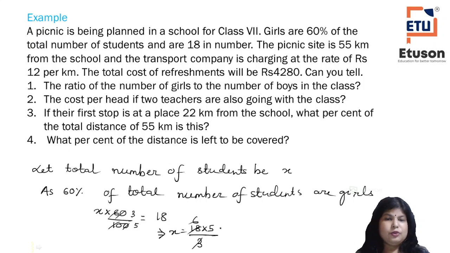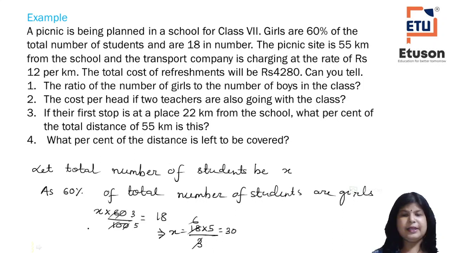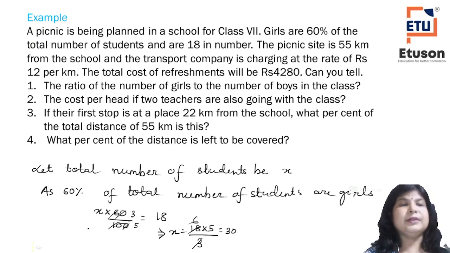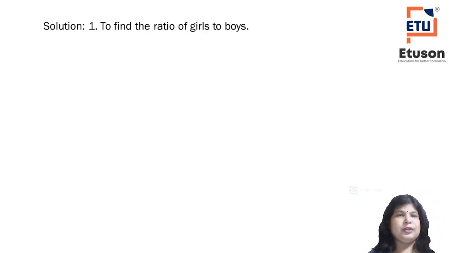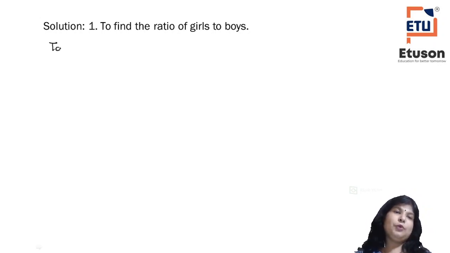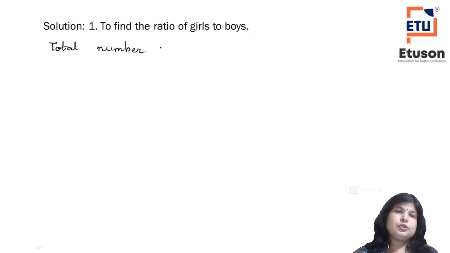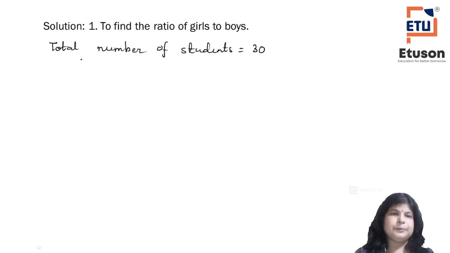18 into 5 divided by 3. So your total number of students is equal to 30. So now this is easy. You have to find out the ratio of girls to boys. You have already obtained that the total number of students is equal to 30.